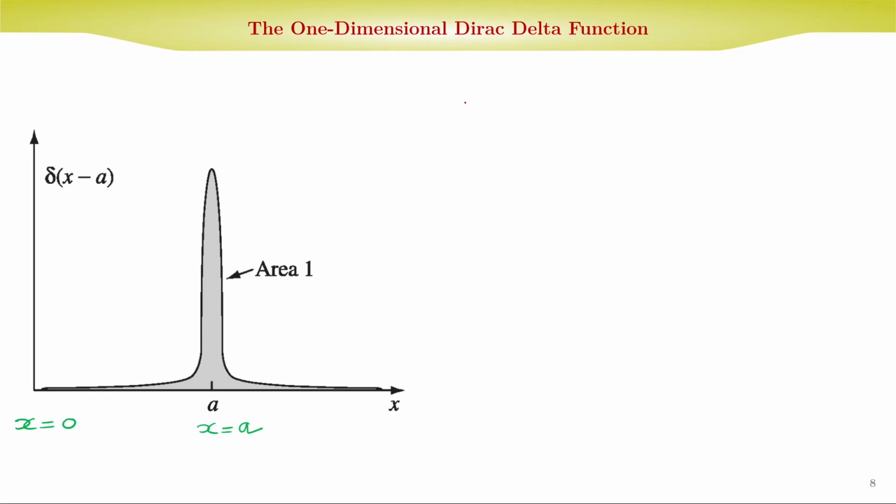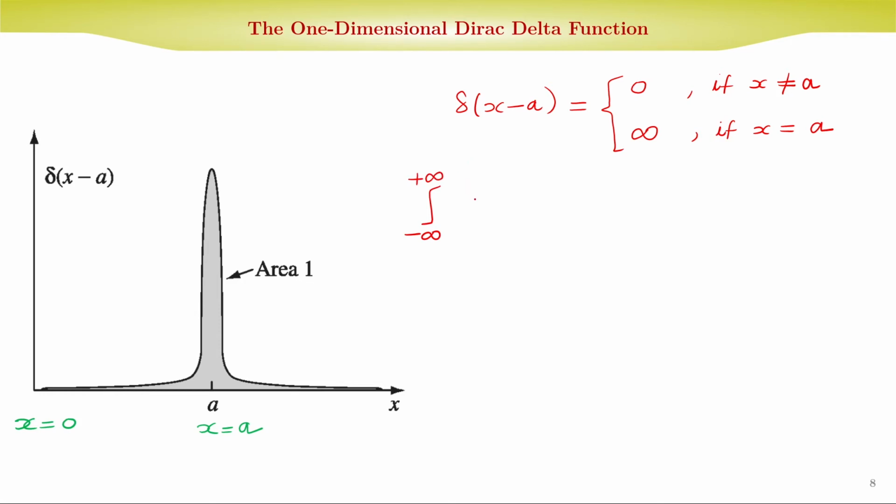In this case, we'll define the delta function as delta(x minus a), and this will be equal to 0 if x is not equal to a, and equal to infinite if x equal to a. And also, when we integrate the function from minus infinity to plus infinity, the value will be equal to 1.